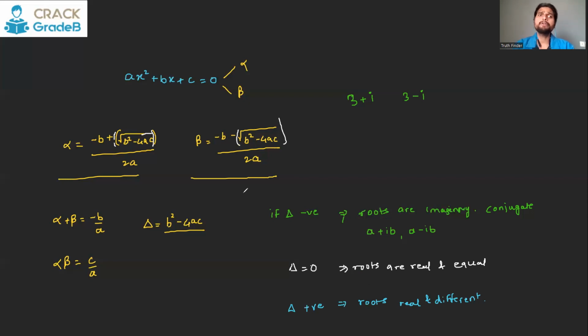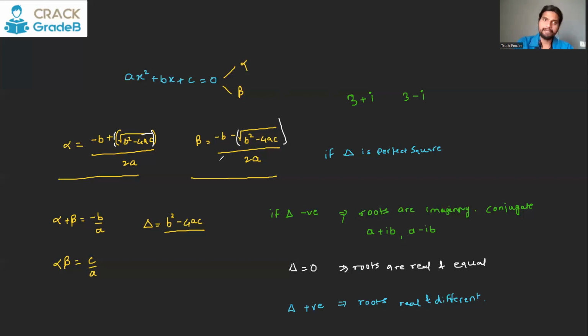Also, one more statement you can put, that if whatever is inside the root, that is, if delta is a perfect square, that will remove the square root. Because if you put, let's say, a perfect square inside the root, let's say root 36, that will come out as 6.